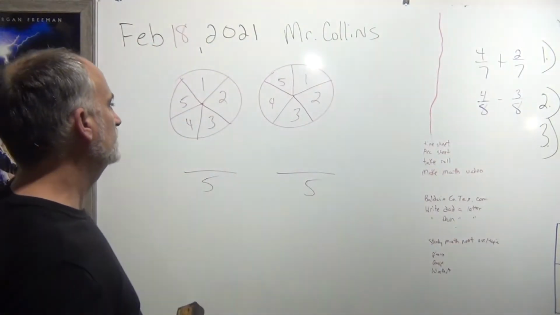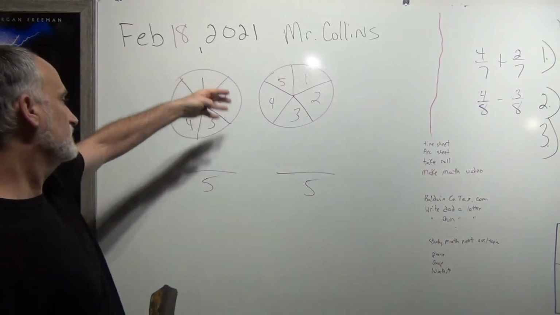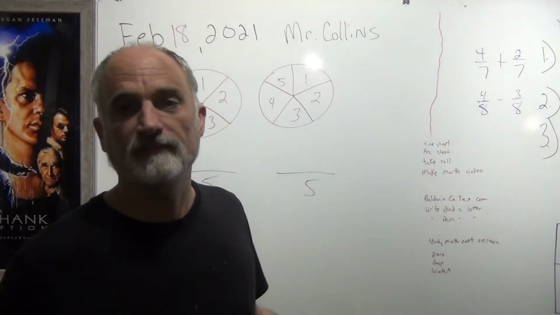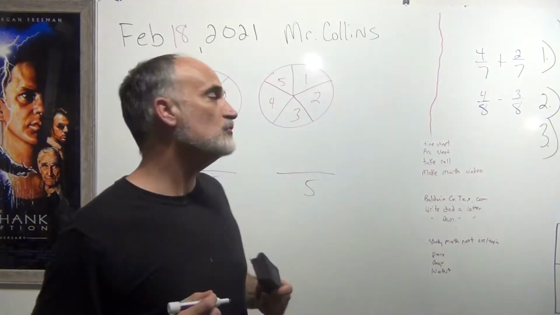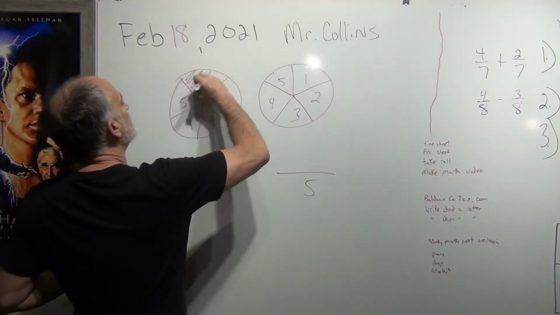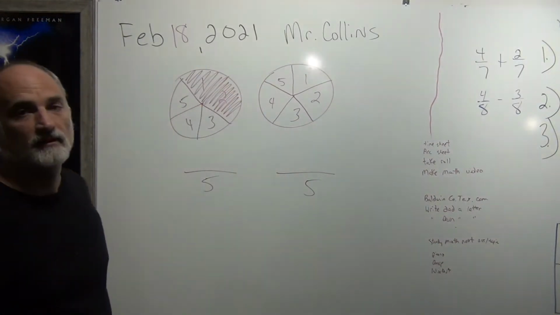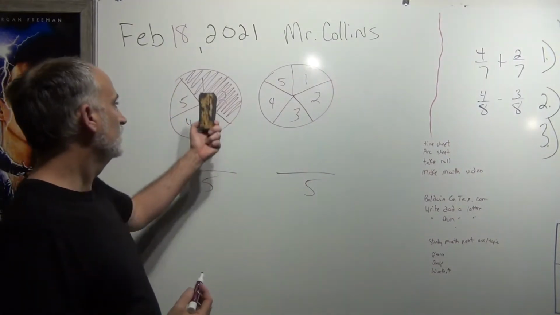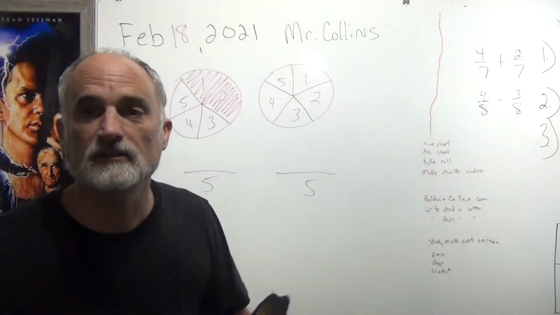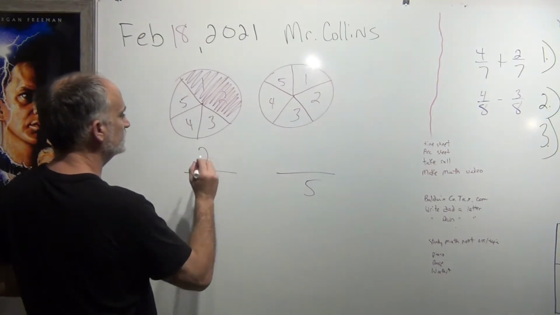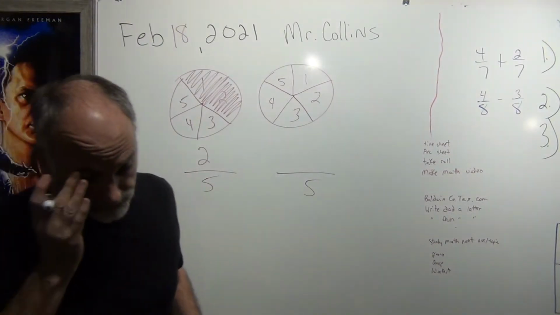Now, if I told you that you brought a pizza home and had 5 pieces, and I said I wanted 2 of them, so we're going to shade in. I took 2, right? So the 2 I took is in the numerator. You got 2/5 here, okay?